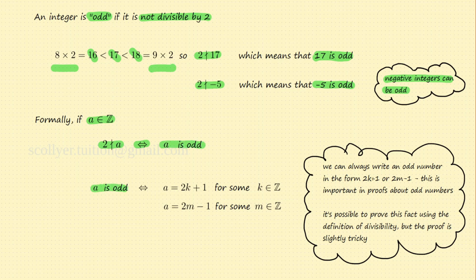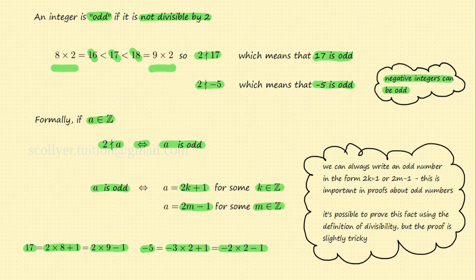And if a is odd, we can always write a in the form 2k plus 1 for some integer k in Z, or in the form 2m minus 1 for some integer m in Z. So for example, we can write 17 as 2 times 8 plus 1, or as 2 times 9 minus 1. We can write -5 as -3 times 2 plus 1, or as -2 times 2 minus 1.